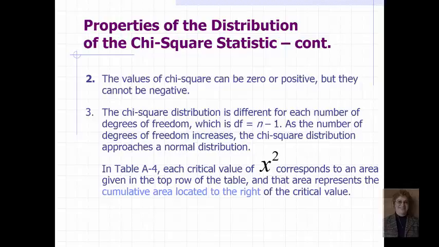You can use Table A4 to find your critical value, but we're going to focus on StatCrunch, and we are going to use technology to help us out here. So Table A4 can be found in your textbook on page 773, and it's the area to the right of the critical value.